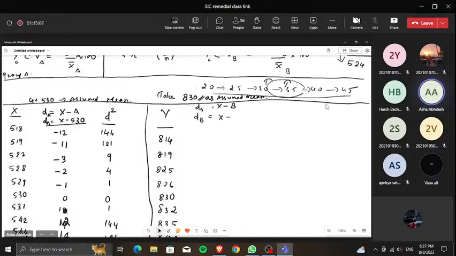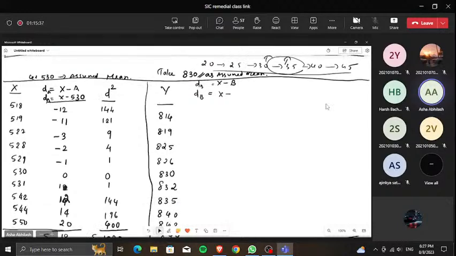So between this 814 and 844, I have just taken roughly 830 as an assumed mean. Or if you want, you can add all these values and divide the total by the number 10. Then obviously you will get a decimal number, so you can also consider a value nearer to that number. If no value is provided, you can do it like that also. No issue.